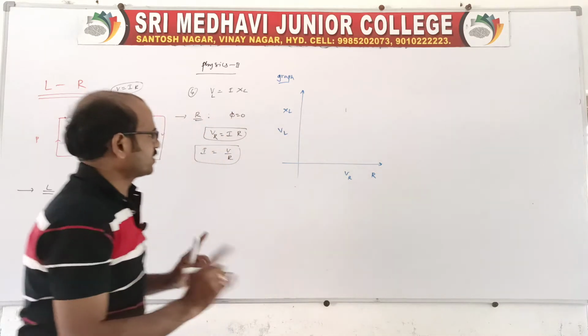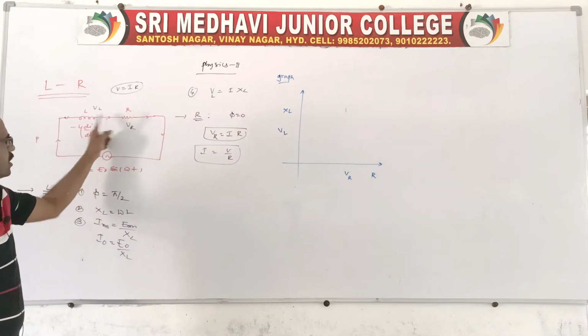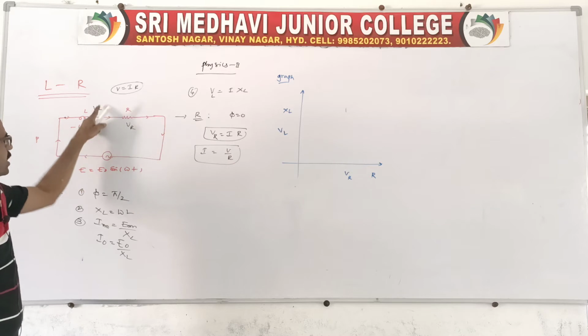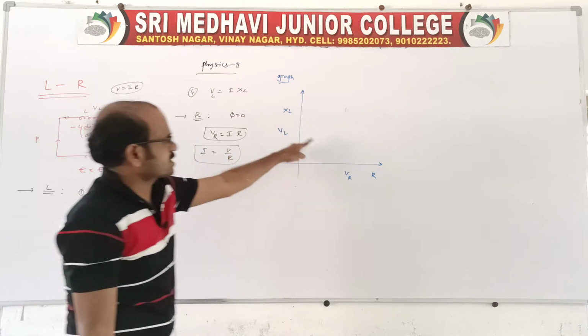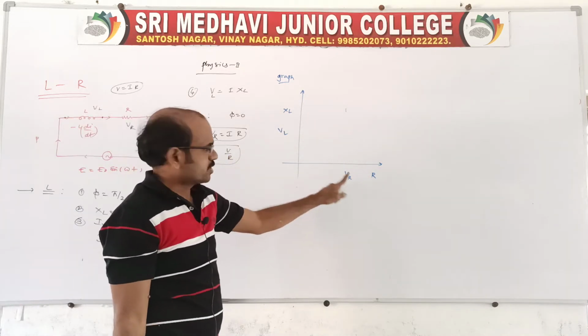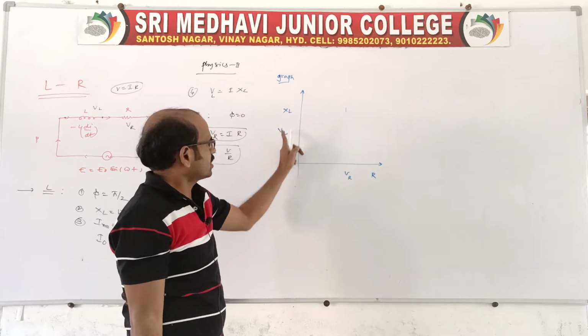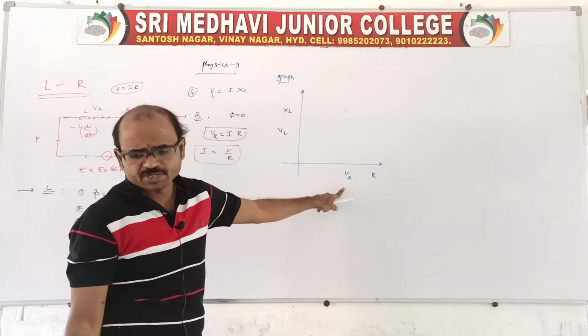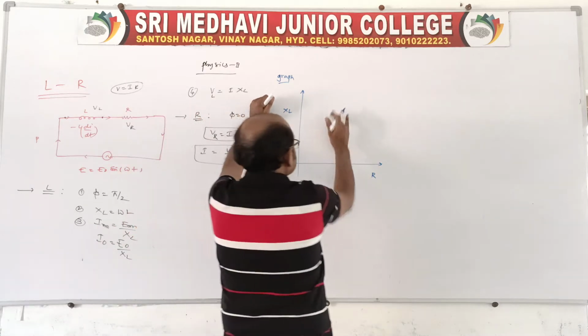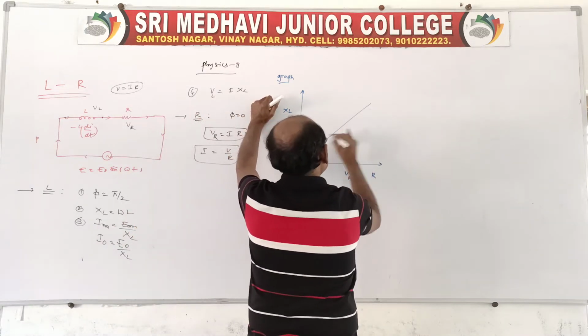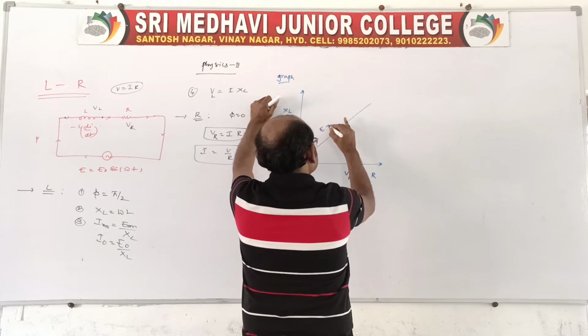Of course there is a phase angle of 90 degrees, because for R there is no phase, but for L there is. So R and XL, and VL and VR are the potential differences. Now a line passes through the origin like this, which is represented as the EMF.